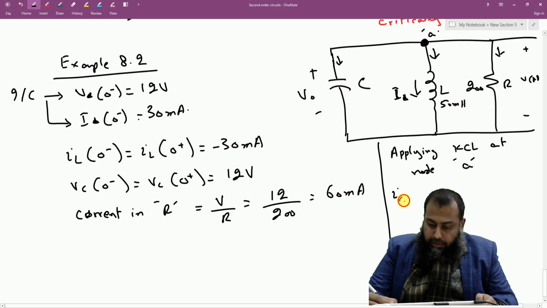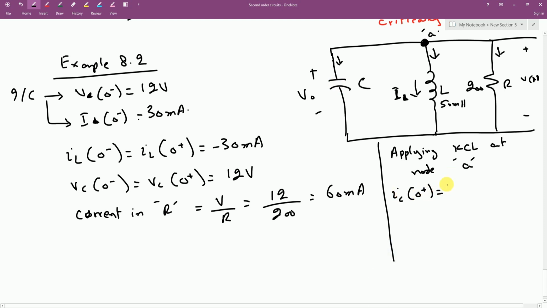So IC 0 positive is equal to the current that is equal to, sorry, this is not minus 30, this is 30 milliampere.